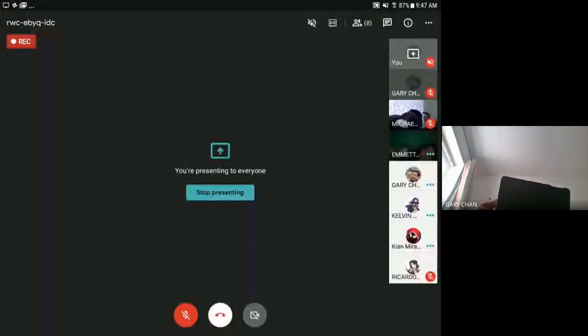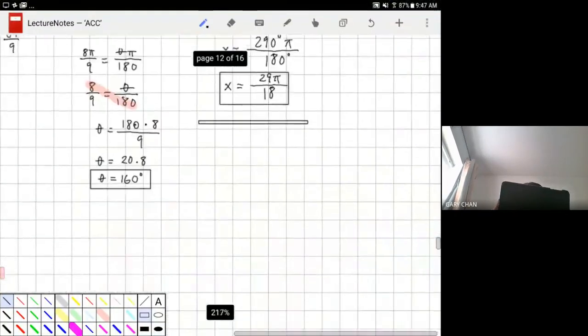Radian. Kian, are we going to substitute 29 pi over 15 in for x, or for theta? X, because it's a radian. Excellent. So that's exactly what we're going to do. So 29 pi over 15 is a radian measure.